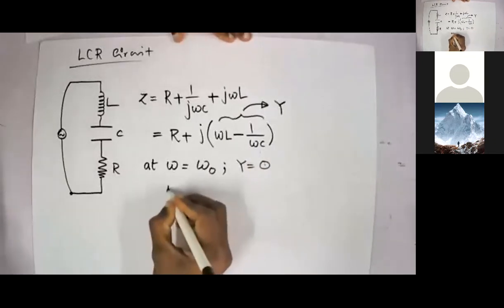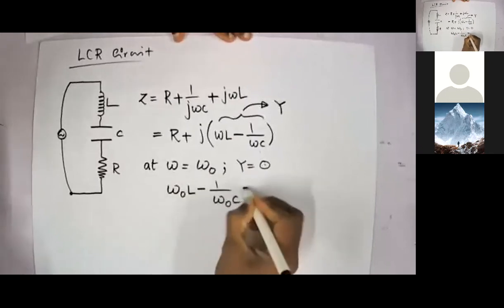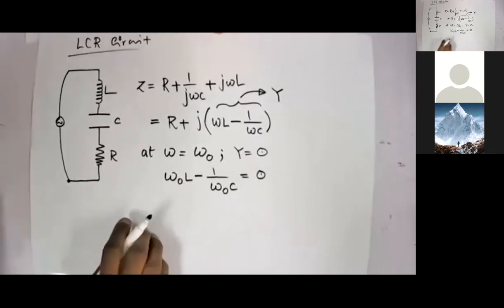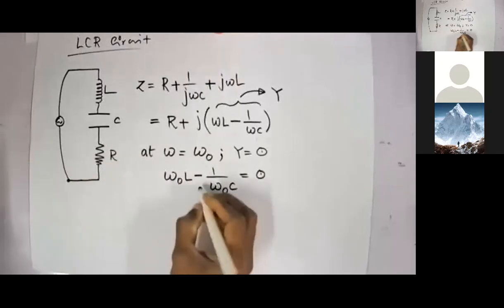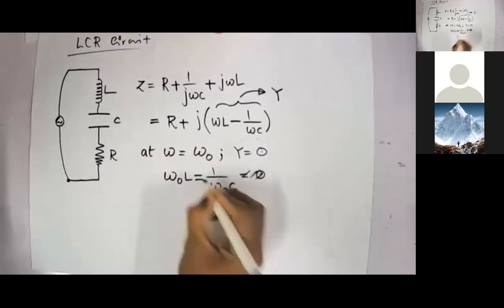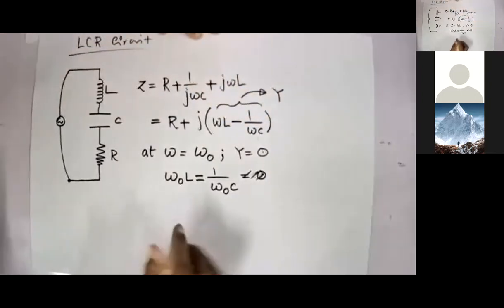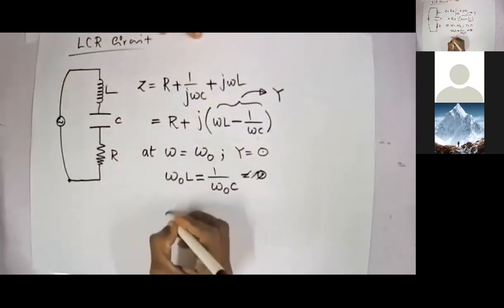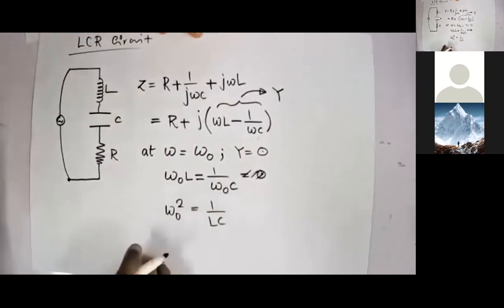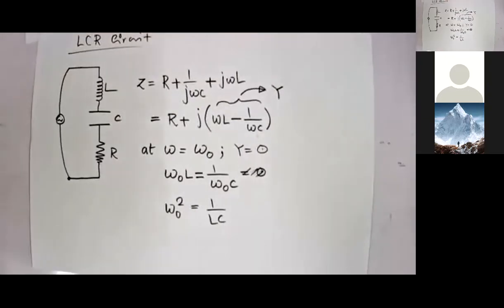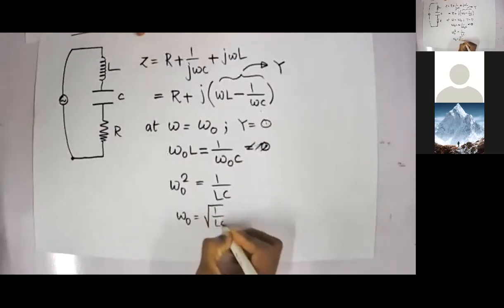So I can write it as omega naught L minus 1 over omega naught C equals 0. Since I have a minus, I can bring this to the other side of the equal sign and cross multiply. So omega naught square equals 1 over LC. Hence omega naught equals the square root of 1 over LC.